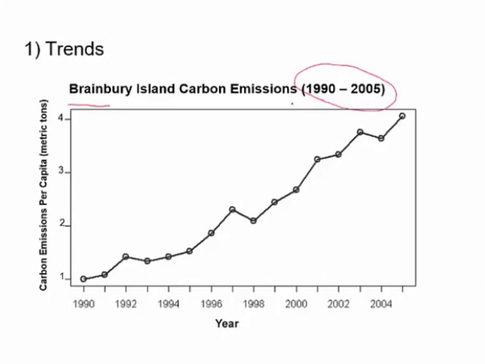Down below, we've got the units. We've got carbon emissions, and units from 0 to 3, and those represent metric tons. So here would be the 2 metric ton level. And we've got the time, of course, across the bottom.